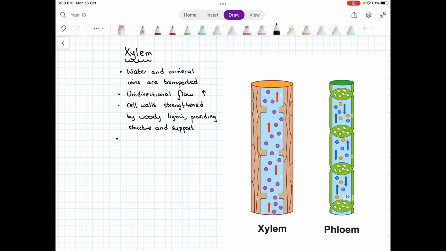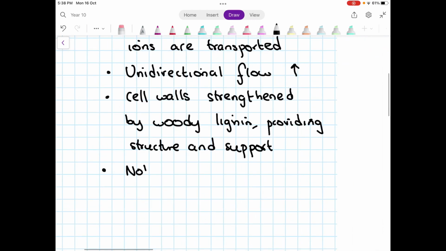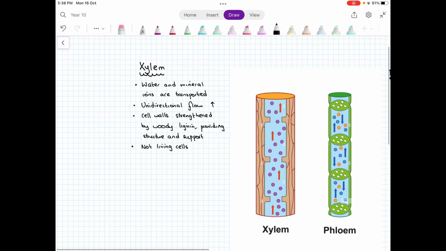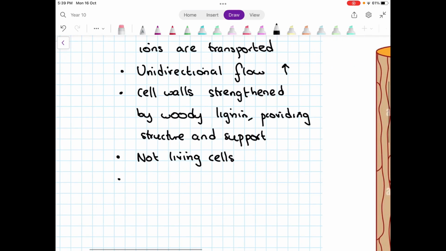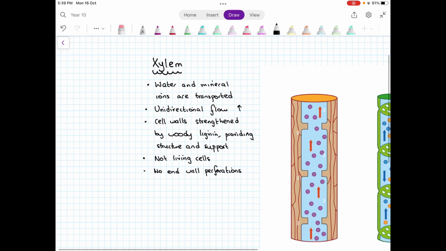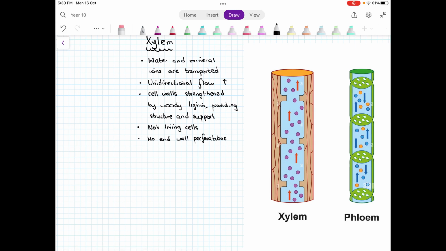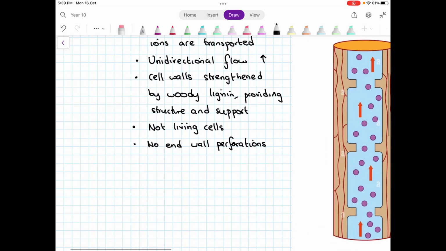It's also important to know that the xylem is made up of dead cells, so they're not living. Which contrasts with the cells of the phloem, which we will talk about later. And these cells have no end wall perforations. So it means that the xylem acts as a continuous hollow tube.